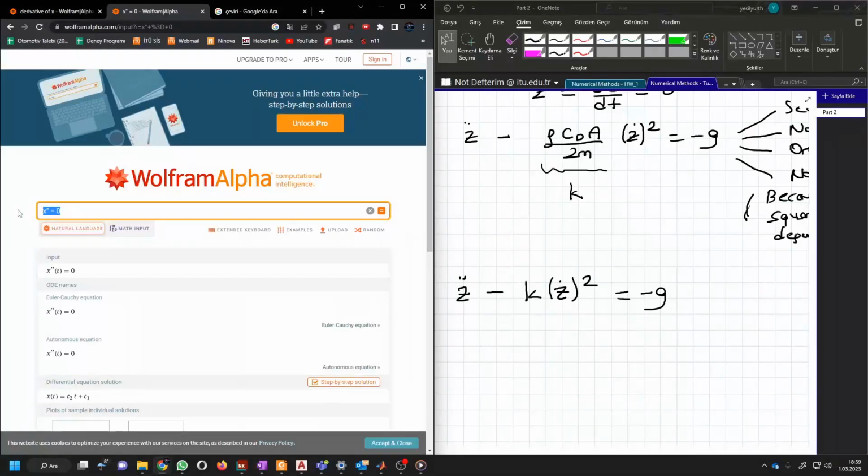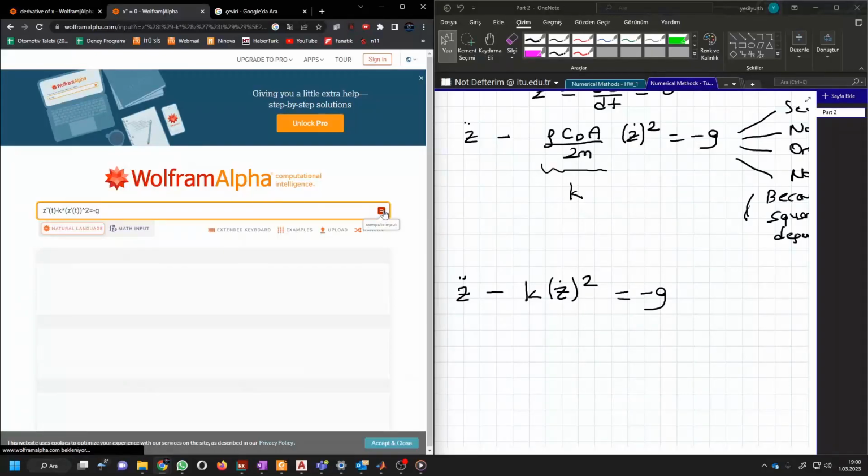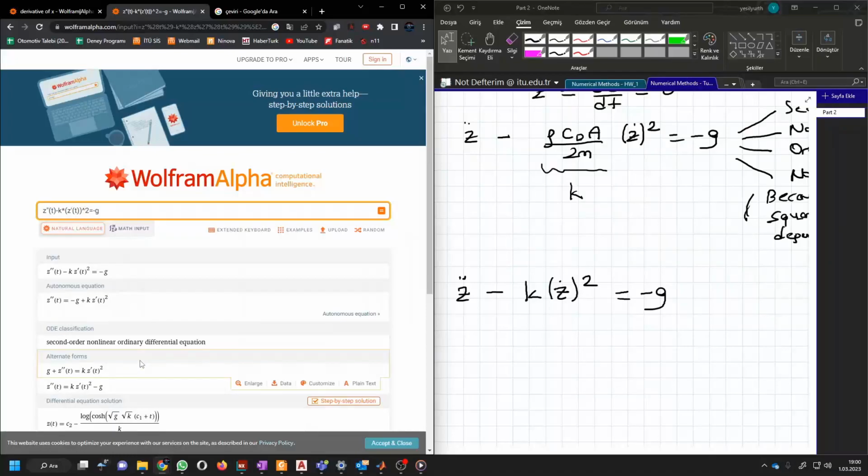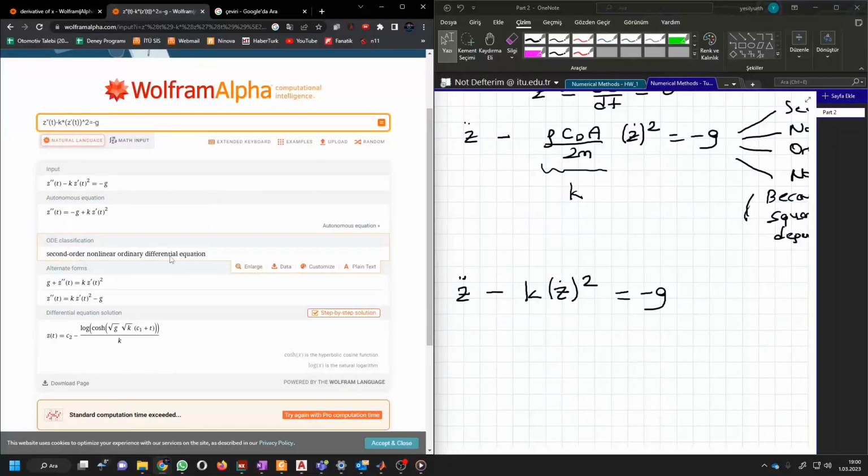Let me write this down here: z double dot of t minus k times the square of z dot is equal to minus g. So let's look at our solution. Wolfram Alpha also classifies the differential equation.